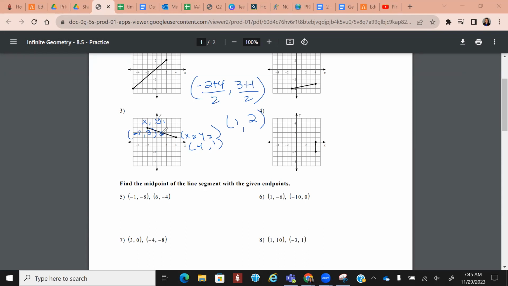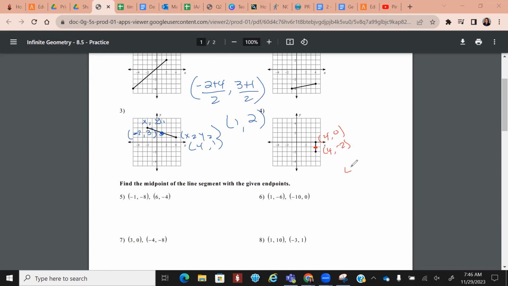Okay, number 4 was a little tricky, and the reason why is because it's like, all right, which one goes first? It doesn't really matter since they're on the same line, because look, you could figure out where the midpoint is, right? What's in between 0 and -2? And so it's probably going to be that point right there. However, if we want to do this using the formula, then we have 4 comma 0 and 4 comma -2.